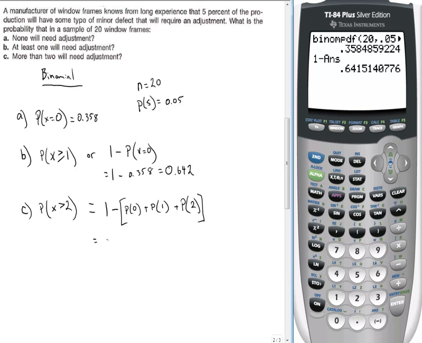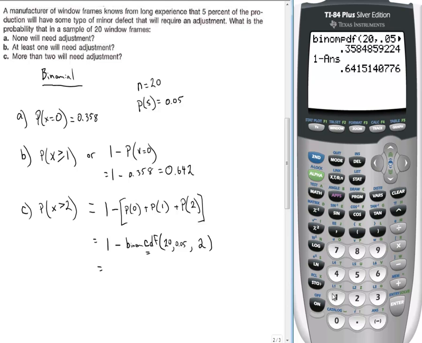On our calculator, that's going to be 1 minus, and this is a binomial CDF here. We want to cumulatively get the probability from 0, 1, and 2 and add them together, and let the calculator do that. And in these brackets, we're going to put 20 trials, 0.05 success rate, and up to 2 we want to include cumulatively.